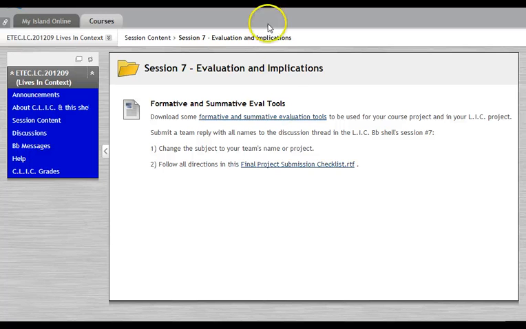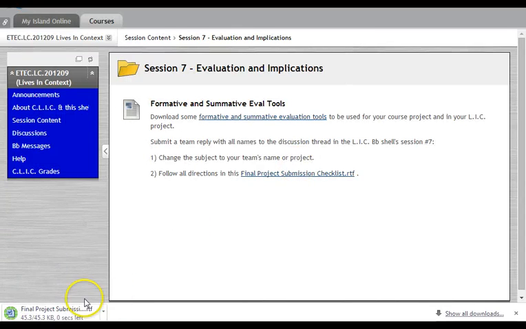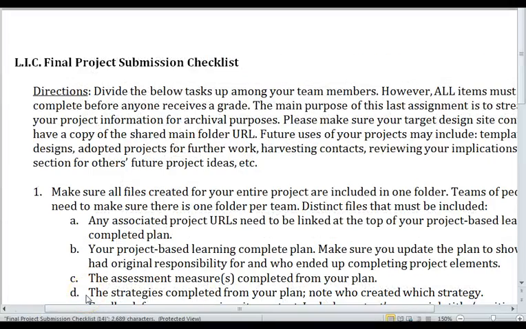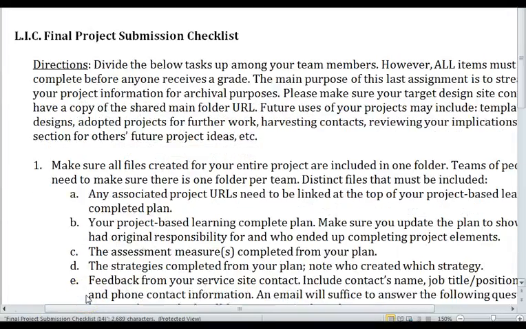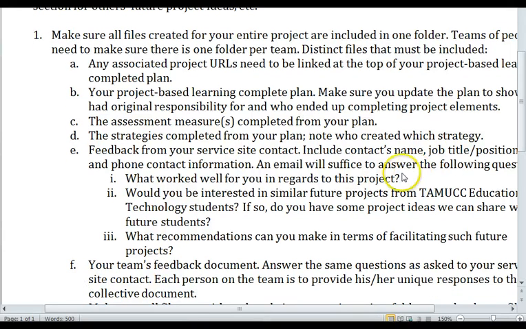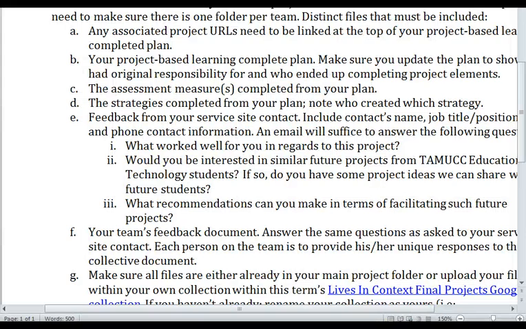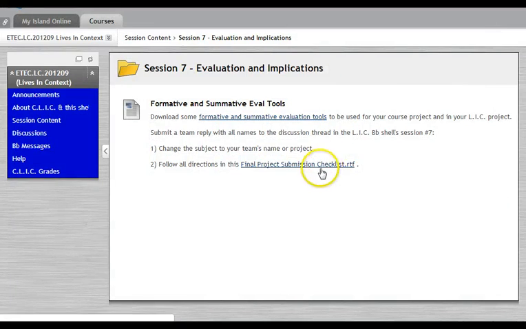However, there will be a template within the CLIC that contains specific questions that the teams will need to ask their site. This is another crucial step in the process that can lead to further development of the project or other ventures that stem from the project that the team just completed.